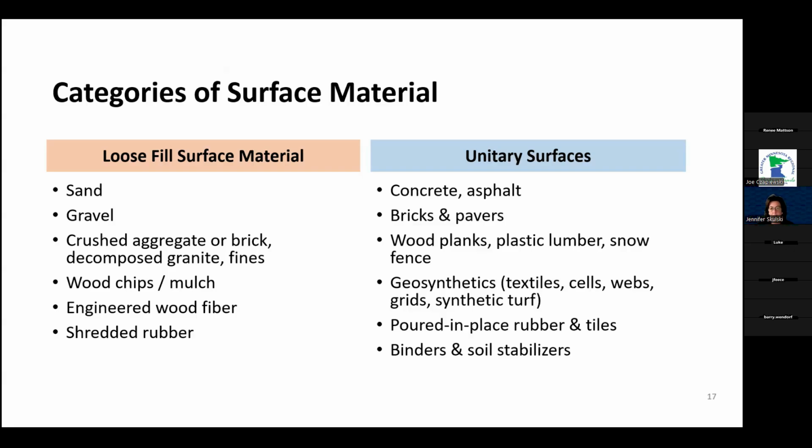For unitary surfaces, that could include everything from concrete to asphalt, bricks and pavers, wood planks, plastic lumber, snow fencing, geosynthetics or textiles, synthetic turf, the different types of web cells or grids, poured-in-place rubber and tiles, and then the application of different binders or soil stabilizers to stabilize a loose fill material.